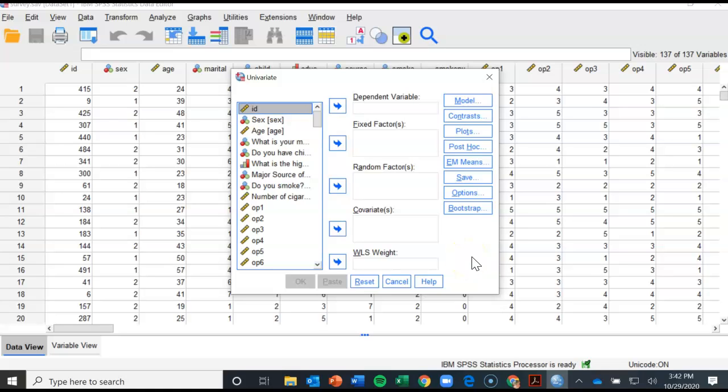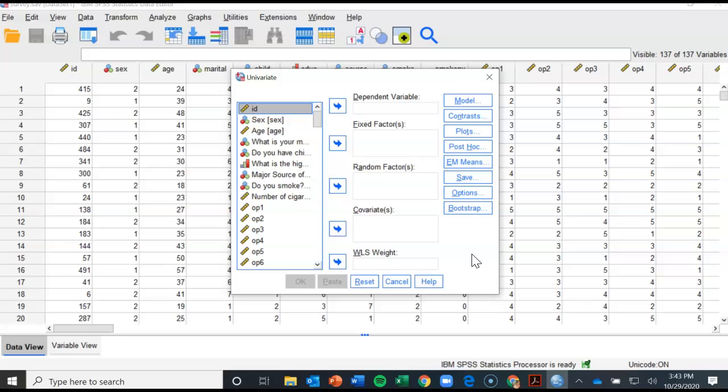The next step: I've asked you to look at perceived stress as your dependent variable, and the impact of both sex and age in 5 groups on perceived stress. And what we want to find out is, do those two categorical variables, sex and age, interact?